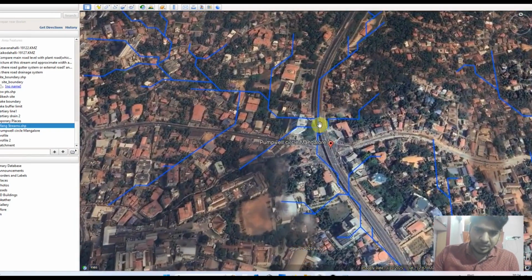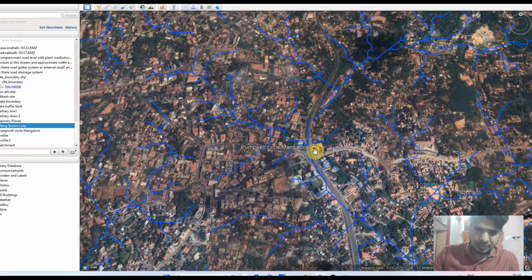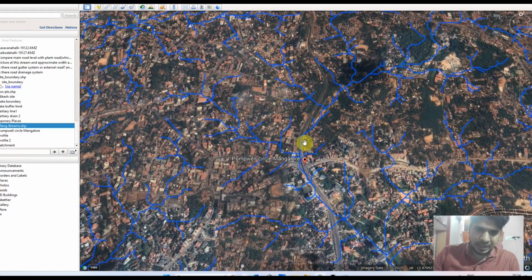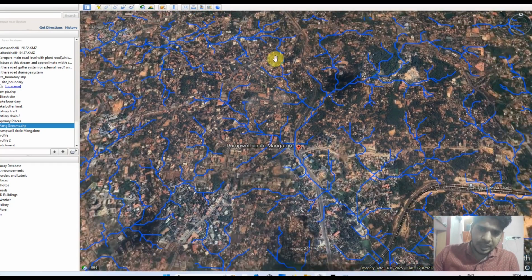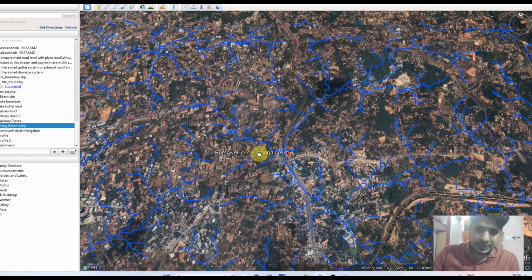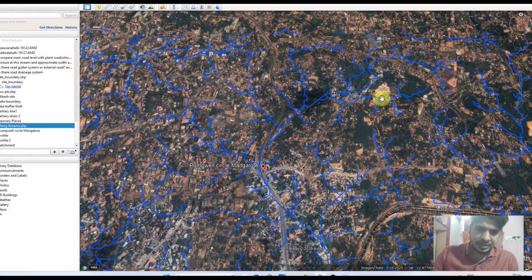If you observe the drainage path, the blue color lines are all the natural drainage lines. Wherever the water comes at this location, it all travels through these blue drainage lines. I have also traced the limit of the catchment.